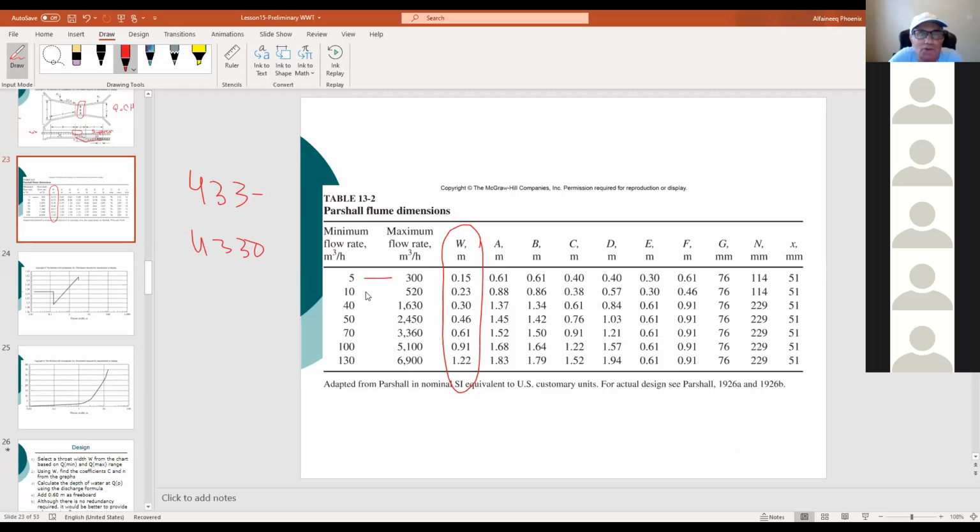Nope. Here? Nope. Here? No, no, and no. Here? Yes. Okay, so your 433 is more than the 100, and your 4330 is less than 5100. So this is the one that you need. And this is your throat, W. Good.